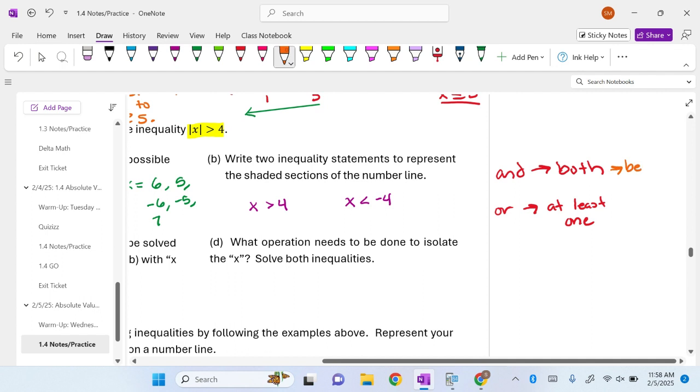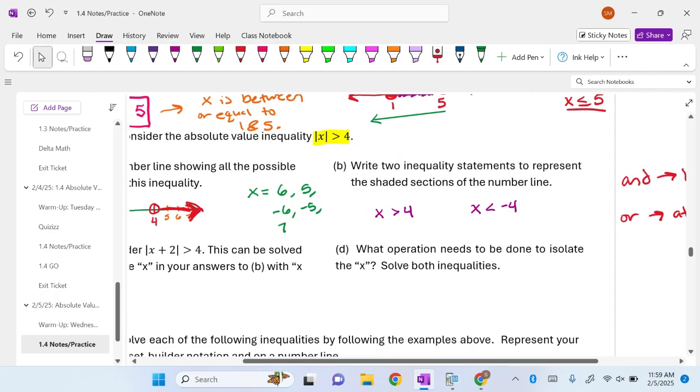So when you think of and, you're thinking it's between, because remember, we want to graph the inequality so that both of the statements are true. We want that overlap. Whereas or means that if we went in one direction and then in the other direction, as long as we pick a number in either one of those, we're in ballpark. That's where we want to be.